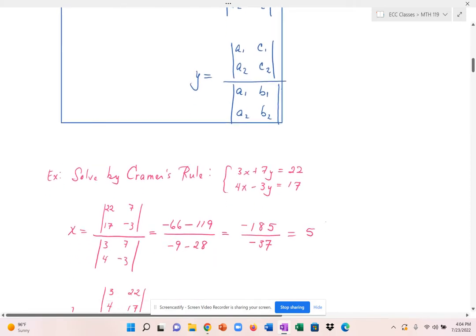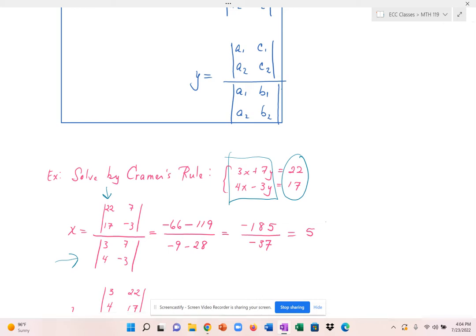So we're going to apply Cramer's rule to solve this system. 3x plus 7y equals 22, and 4x minus 3y equals 17. So the coefficients of x and y are the denominator, and in the numerator, I use the same matrix that's in the denominator, but the first column gets replaced by the numbers that you see below. So now I evaluate this determinant.